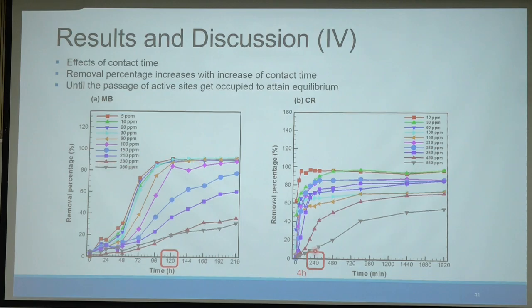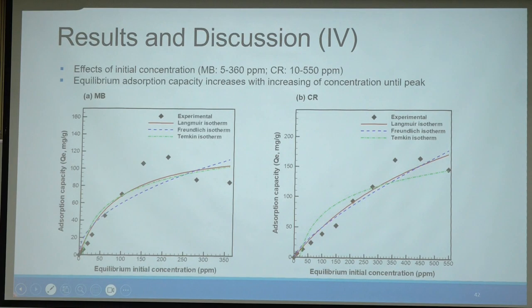This one is in minutes, but for Congo red, after 4 hours it can almost reach 100% for 10 ppm, and more than 80% for the other concentrations. So the optimal effective contact time is around 4 hours if you want to remove the Congo red color.